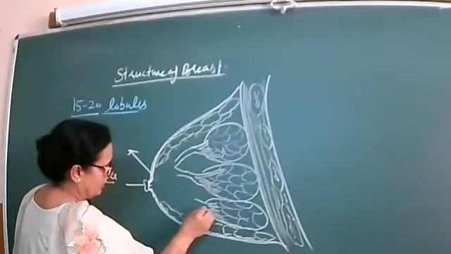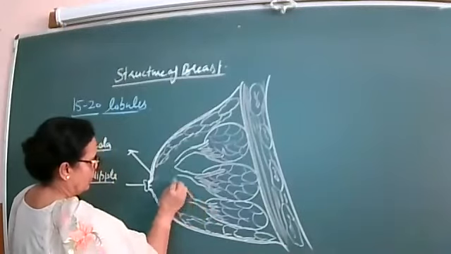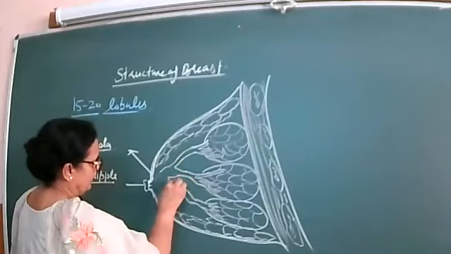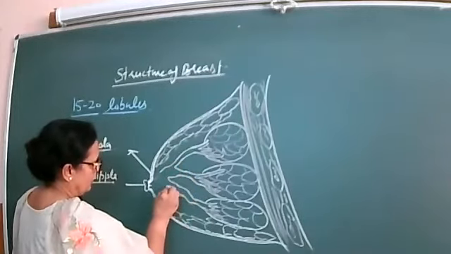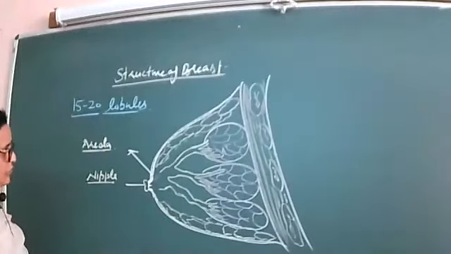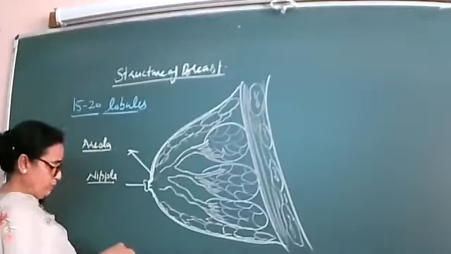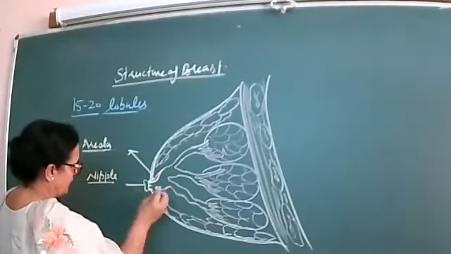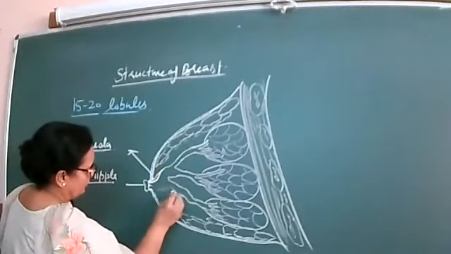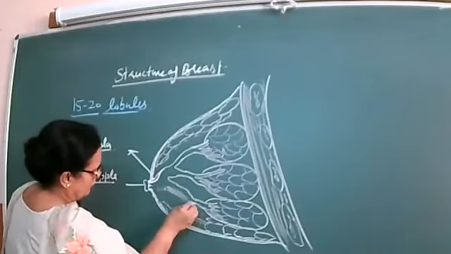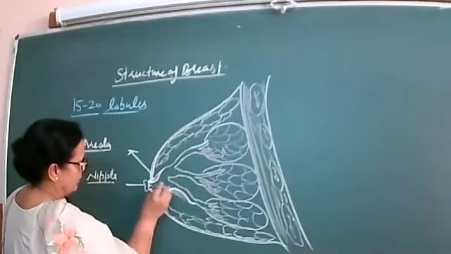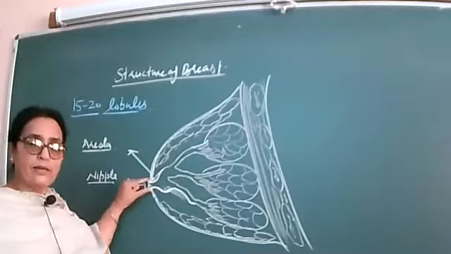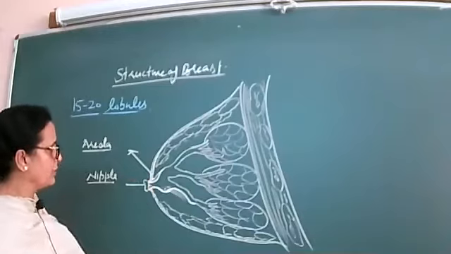So this way, they all join together. This is the area where all these join together, and ultimately open in the form of a duct in the nipple. If I make it more clear, they open into that. This is also a small duct, right?